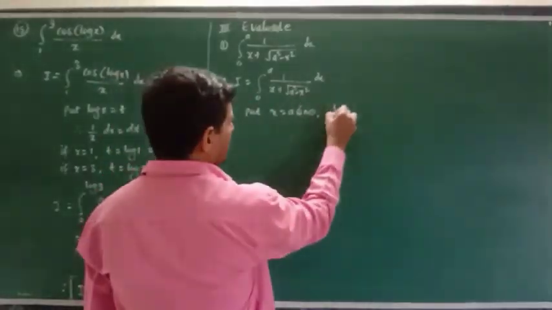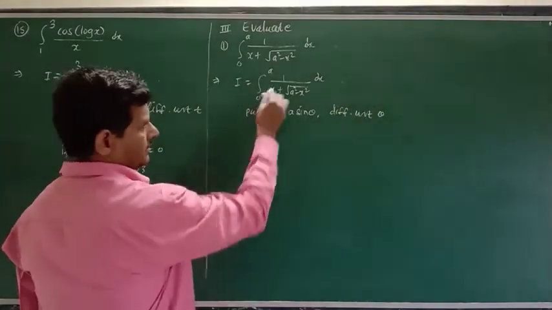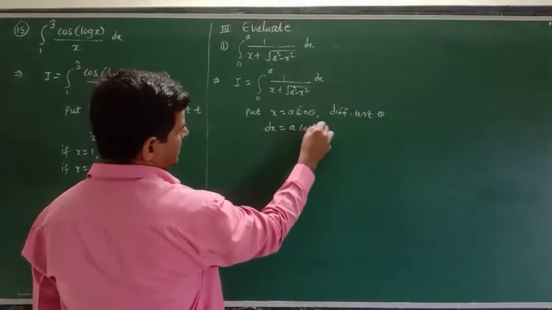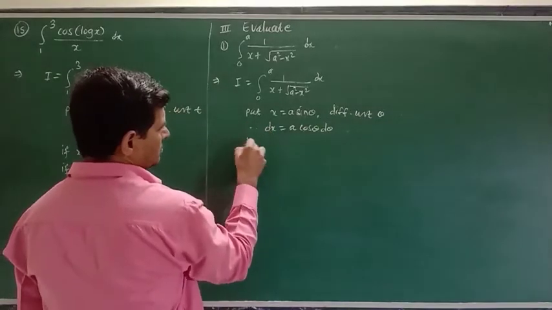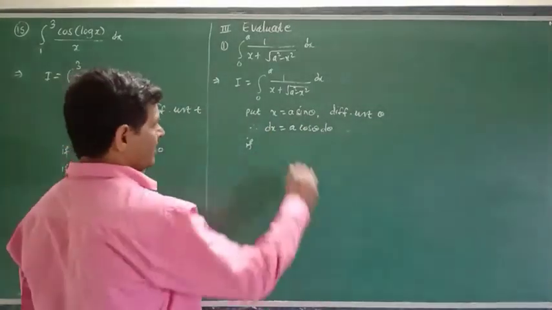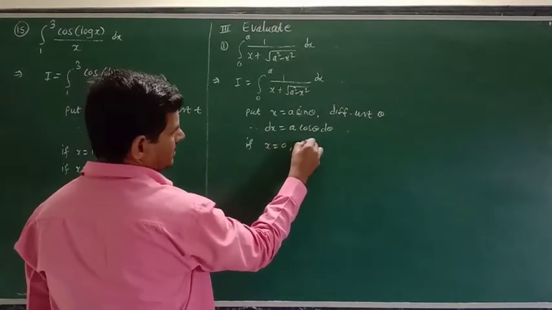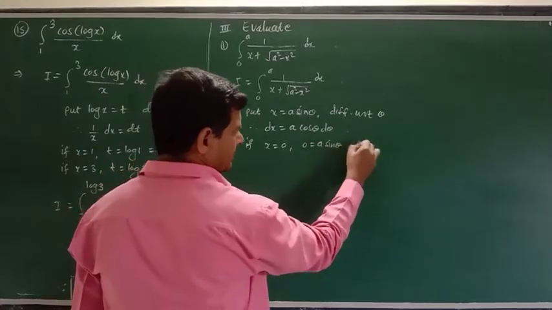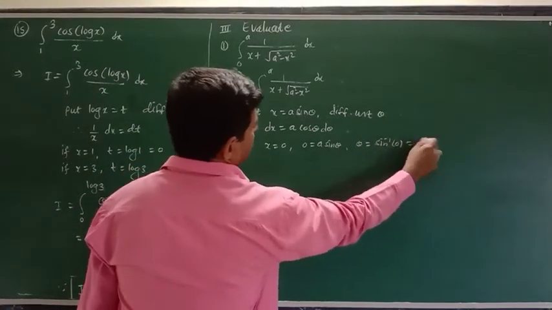Now differentiate with respect to theta. So dx is equal to a, the constant as it is, times the derivative of sin theta, which is cos theta, into d theta. The limits also change when we use the substitution. If x is equal to 0, then 0 is equal to a sin theta, so theta is sin inverse of 0, which is 0.